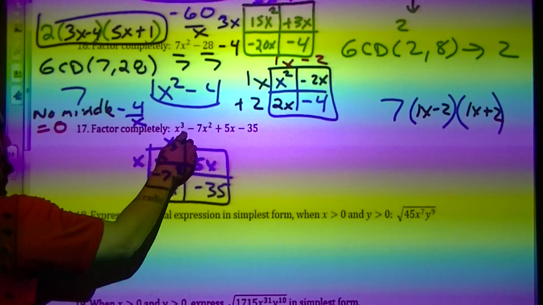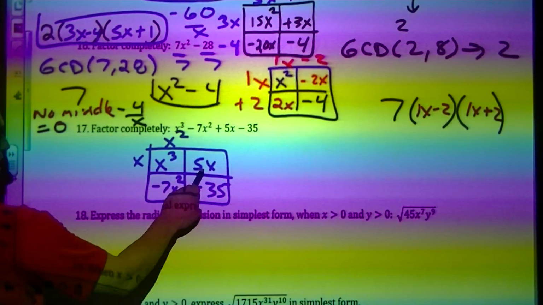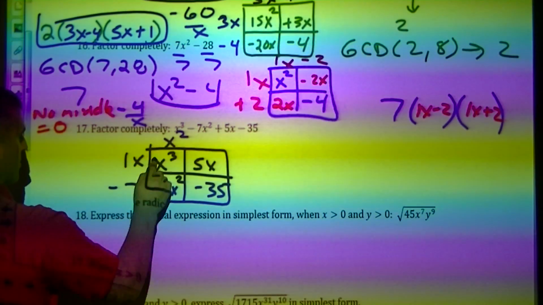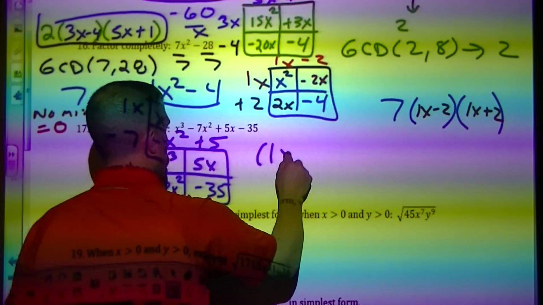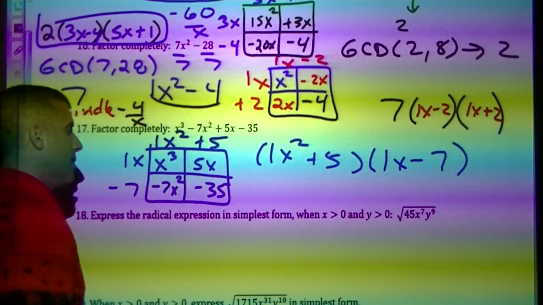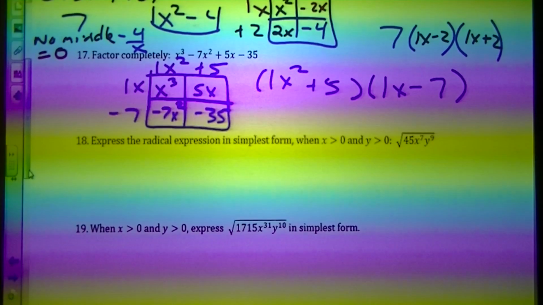I can actually take out x squared, because that's the smallest x. It would be 1. It would be negative 7. It would be 1. It would be positive 5. So my answer here is 1x squared plus 5, 1x minus 7. Just go through systematically like that in order. That will help you get the right answer.